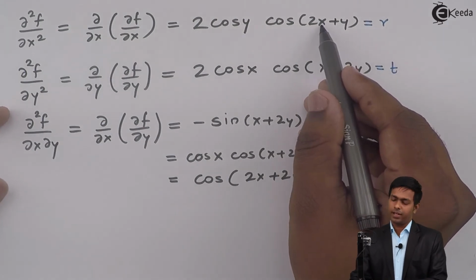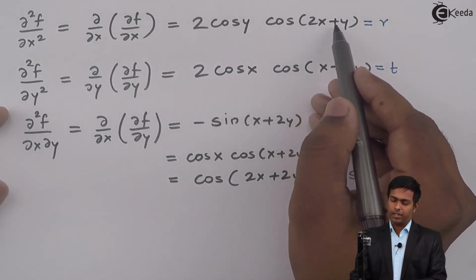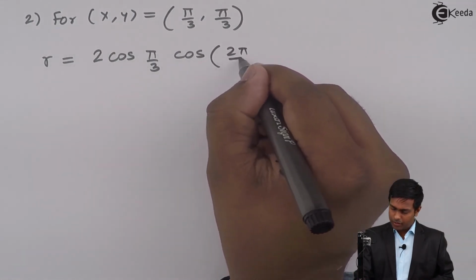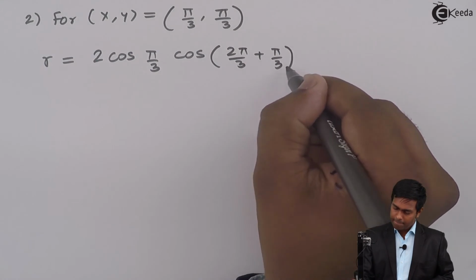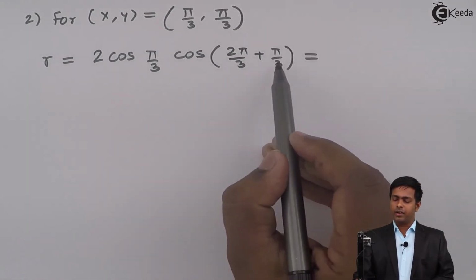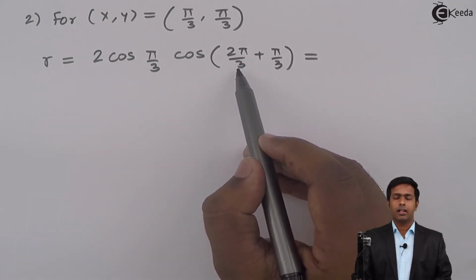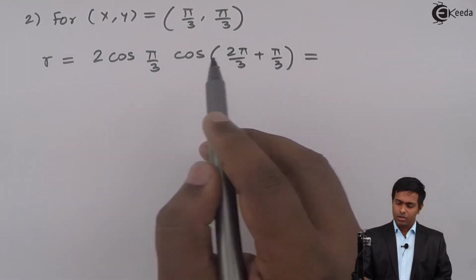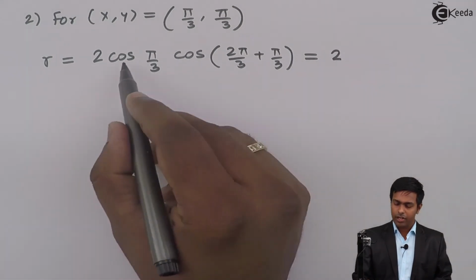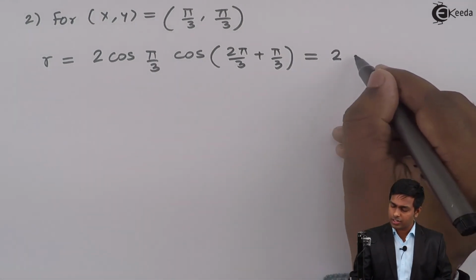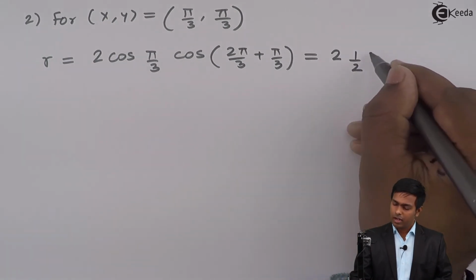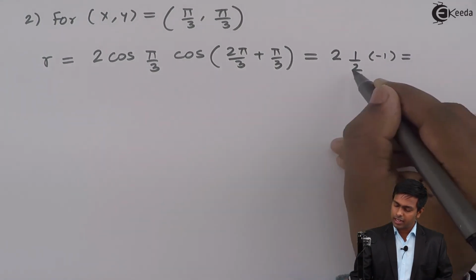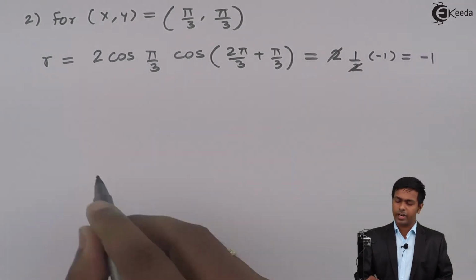So x is pi by 3 and y is pi by 3, so 2 pi by 3 plus pi by 3, that will become 3 pi by 3, and that is pi. So cos pi is minus 1. Here 2 we have, here cos of 60 we have, so that is half into minus 1. So we'll get answer as minus 1. So we're getting r as minus 1.